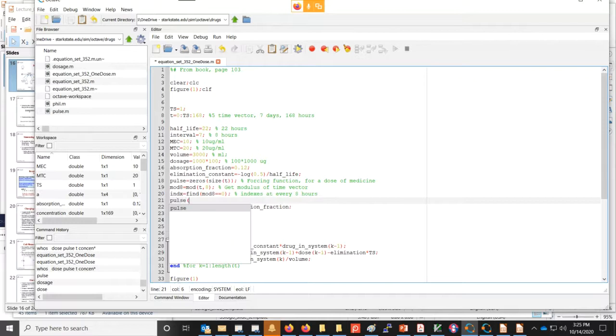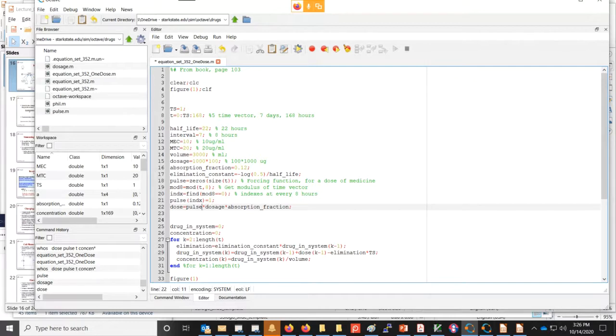So then my pulse, at the indexes, I'm going to stick in a 1, and then that is going to be multiplied times the dosage of 100 micrograms times the absorption factor of 12%. And then that is going to be the dose that I'm injecting in.